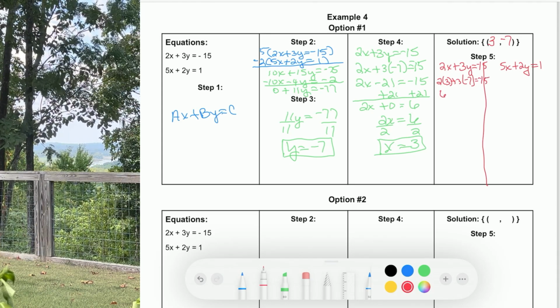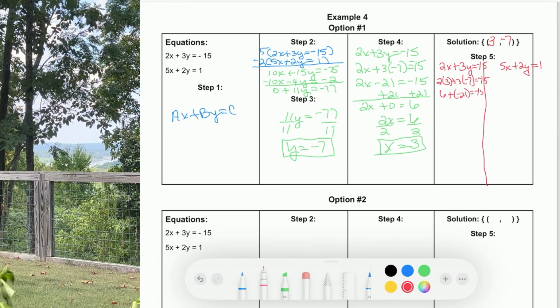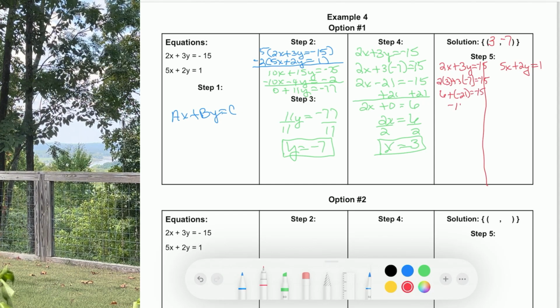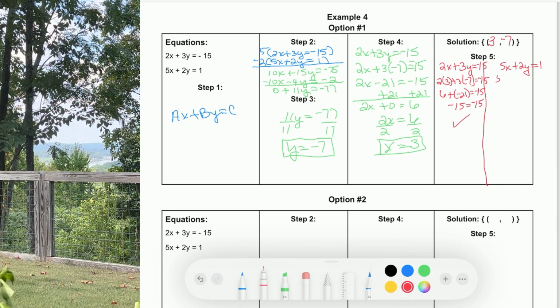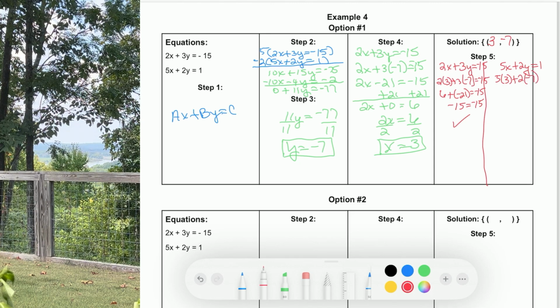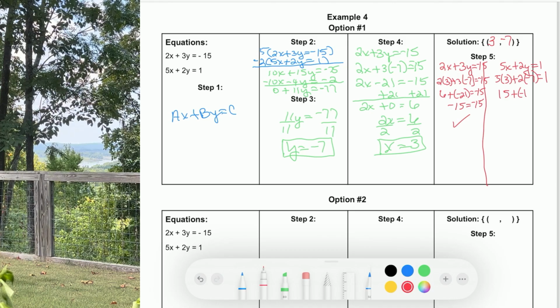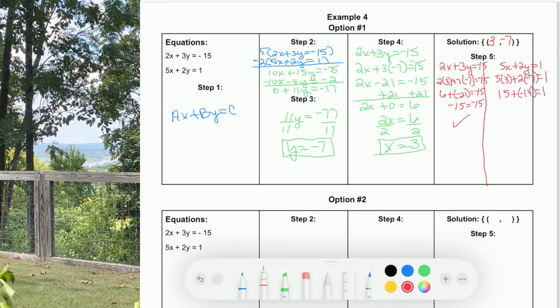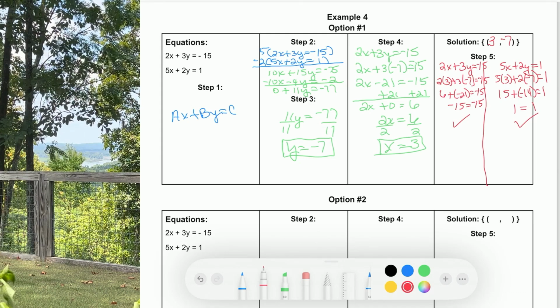I get 6 plus a -21 equals -15. That gives me -15. And so yes, so far, so good. Let's check this one. 5 times 3 plus 2 times -7. We get 15 plus a -14. And that is, in fact, 1 equals 1. So we are good there.